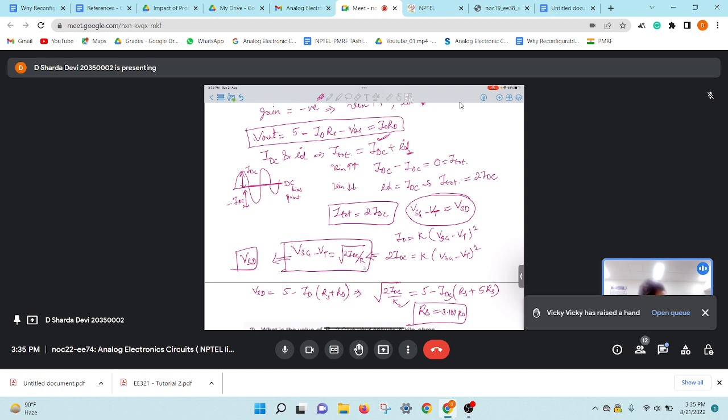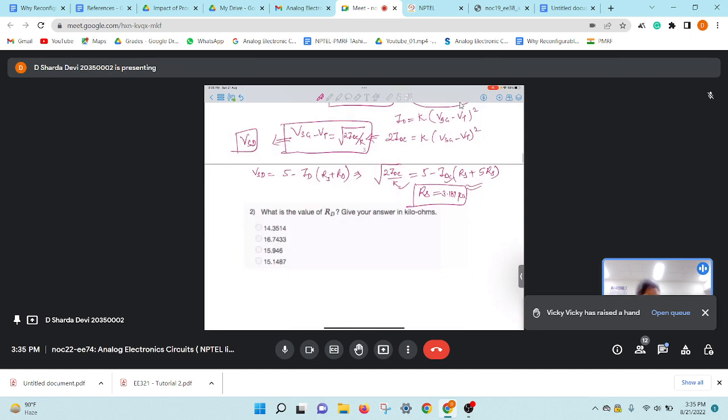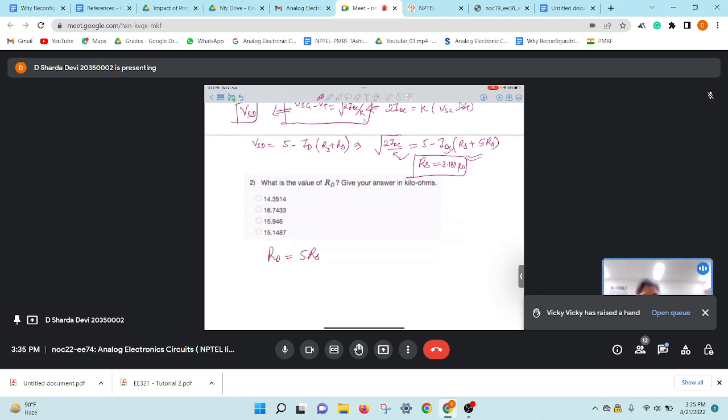Maybe you can solve and check if you are getting this correct or not. RS is 3.189. Now what will be the value for RD? It is simply 5 times RS. We multiply it with RS and we get somewhere around 15946.